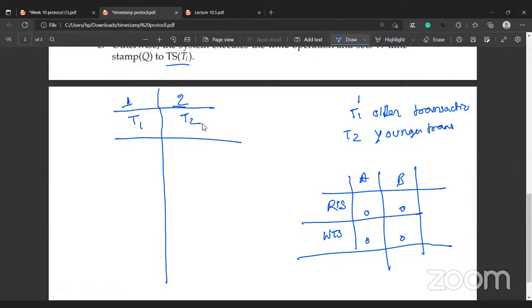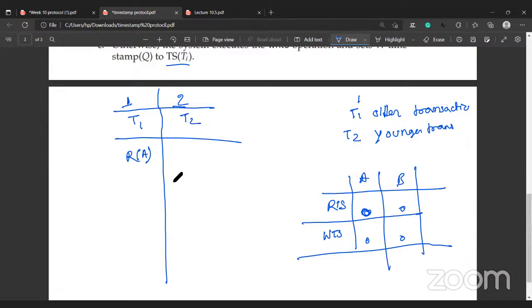Suppose T1 wants to perform a read operation on A. So first we have to check. Initially we set all to 0. The read timestamp of data item A is 0, right? Initially we set all to 0.